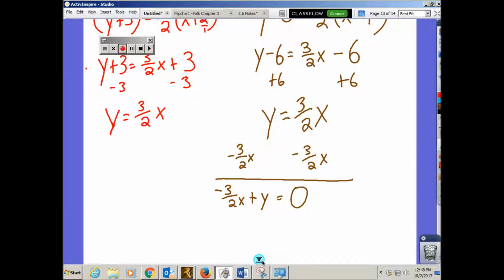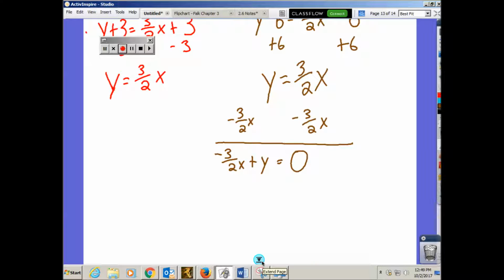However, it is the rule that the a in ax plus by equals c must be a whole number and positive. Now, Mr. Parks raised an interesting point. He said it must be a whole number and positive. I'm not making you turn into a whole number yet. Okay? But I am making you flip the signs. We will get to later why this needs to be a whole number. What's negative of 0? It's still 0.